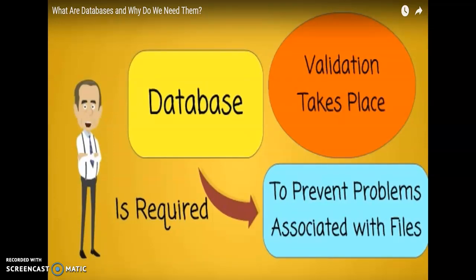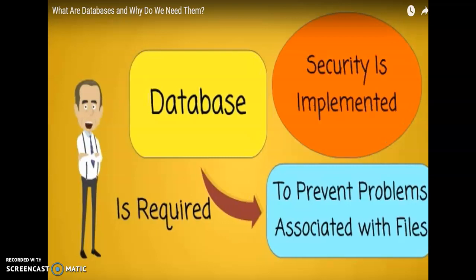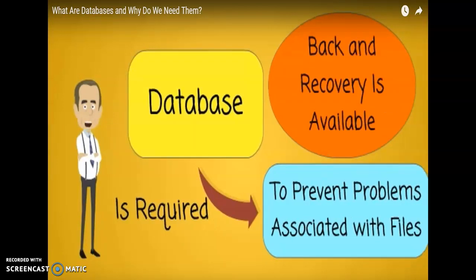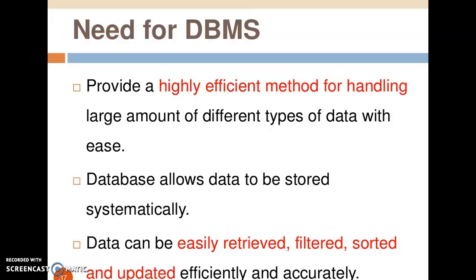Validation also takes place in a database, that is, checking the correctness of the data is carried out. So there won't be any accuracy problem. Security is also implemented in a database. Backup of data and the recovery of data are also available while using a database.